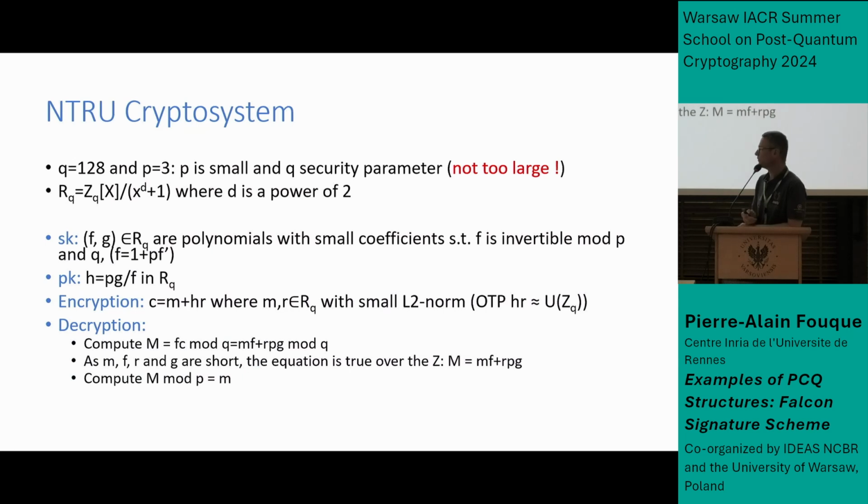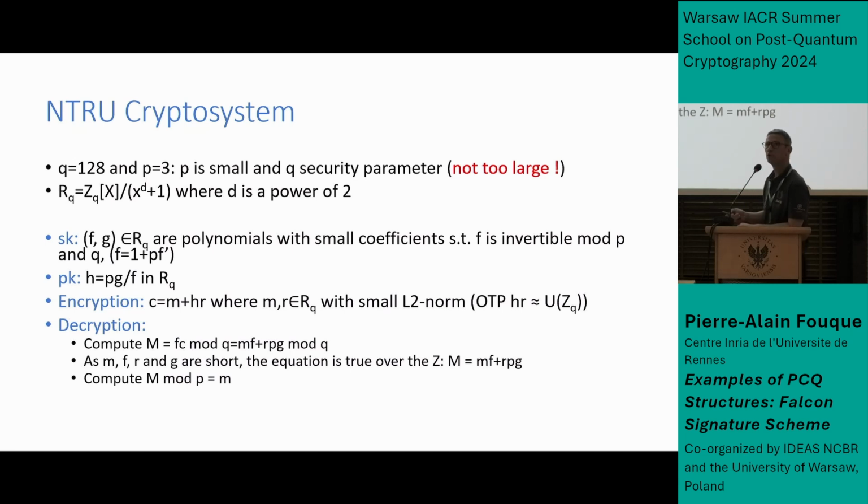And to decrypt, the idea is the following. You just multiply everything with the small f. So that means that you will get this value mod q. Okay? And as we begin with only very short polynomials, short by short is short, and also short by short plus short will give you a short polynomial.